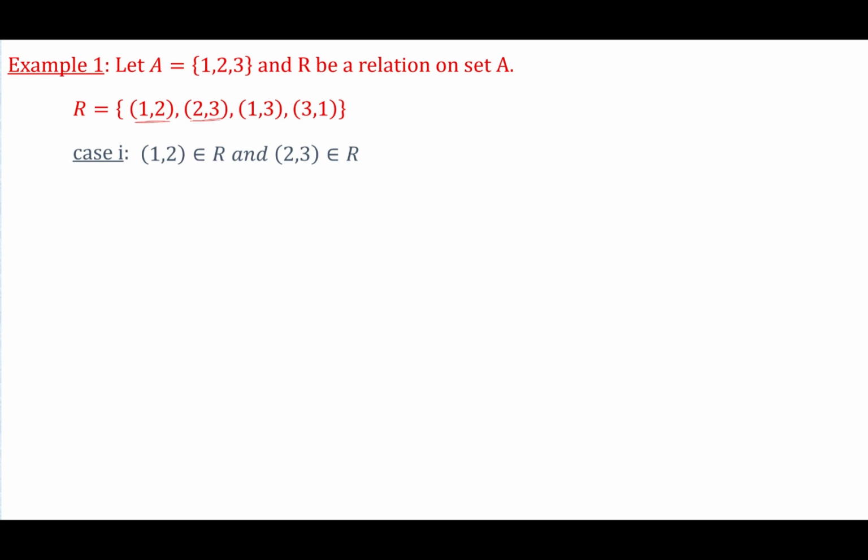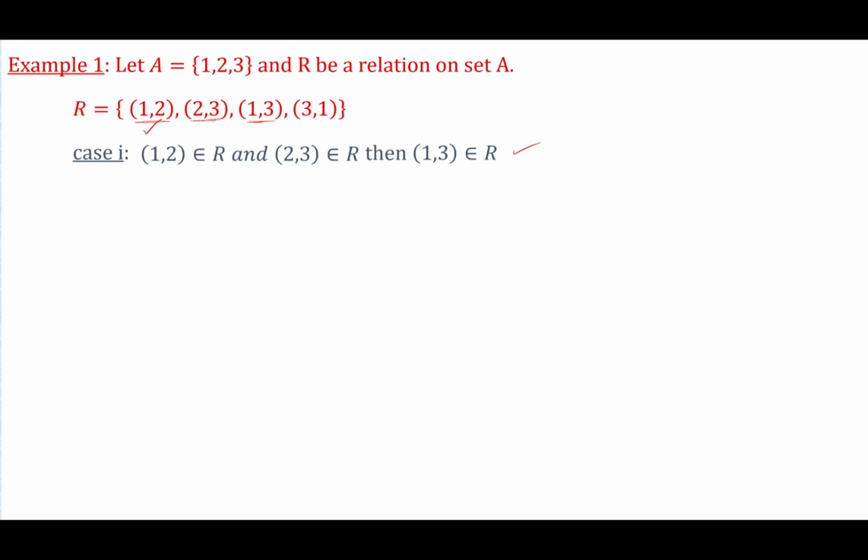Then (1, 3) must be there. Yes, (1, 3) is there. So this ordered pair satisfies the transitive relation.